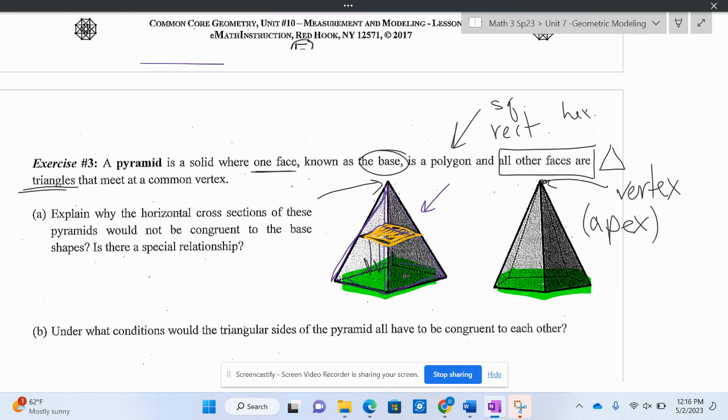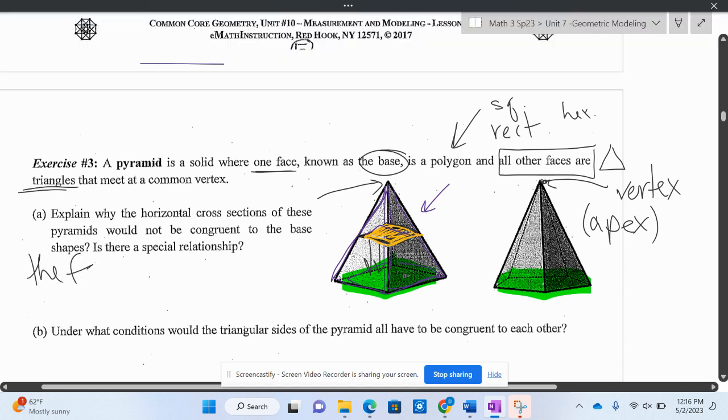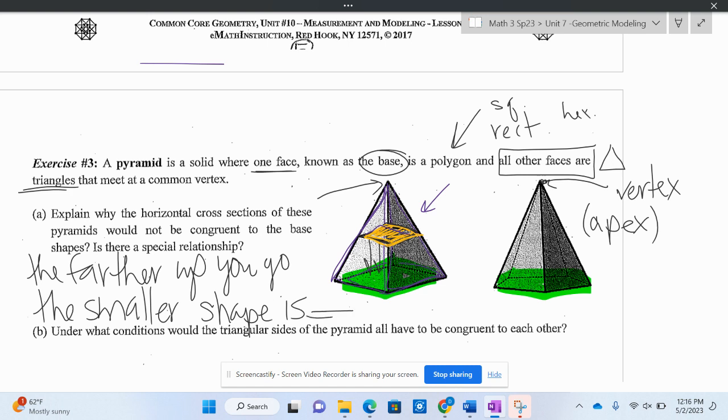The farther up you go, the smaller it gets. Thank you. The farther up you go, the smaller the shape is. So then the second question says, what kind of relationship does the base have with this cross-section shape?